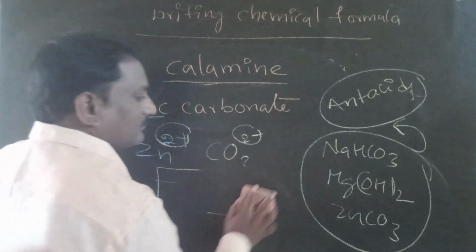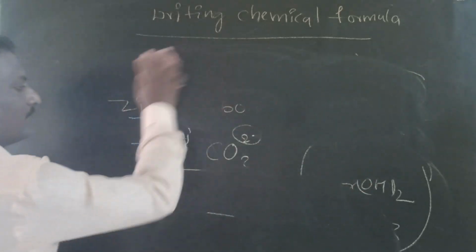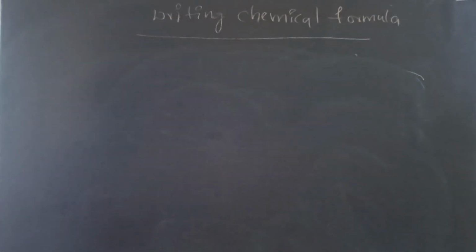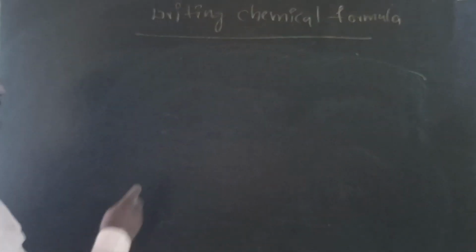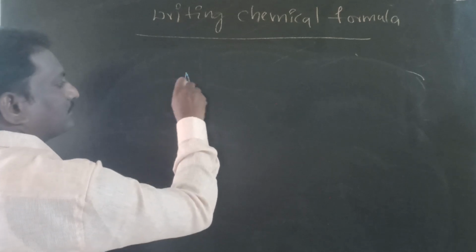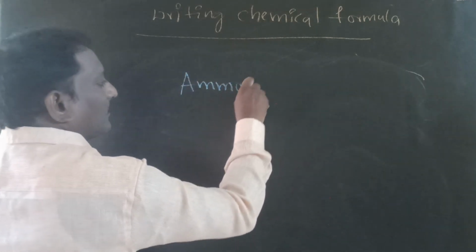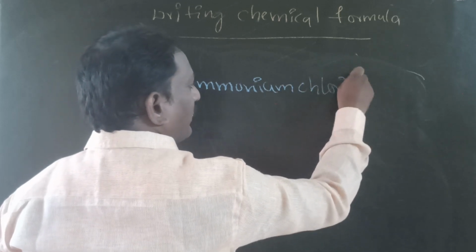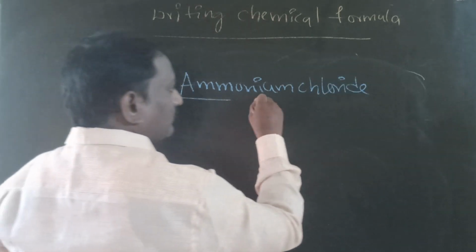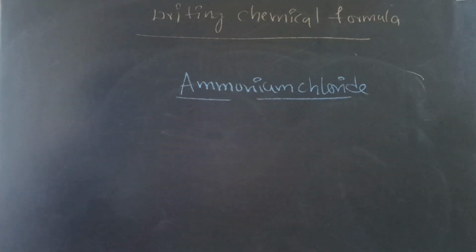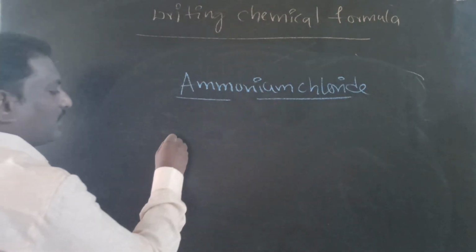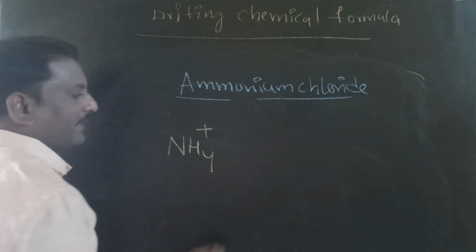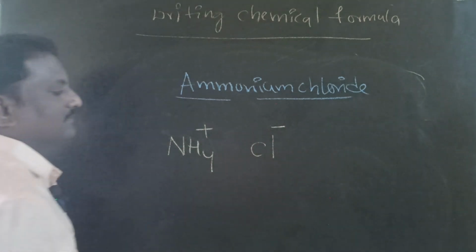Next, ammonium chloride. So the ammonium ion formula is NH4+, and the chloride ion formula is Cl-.